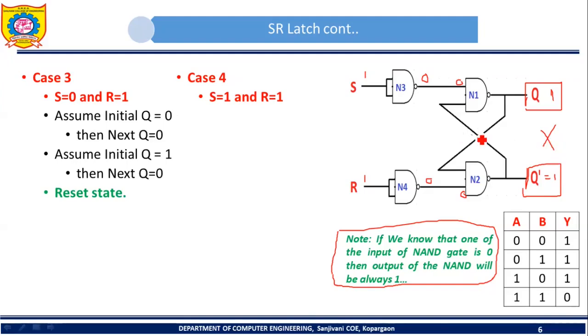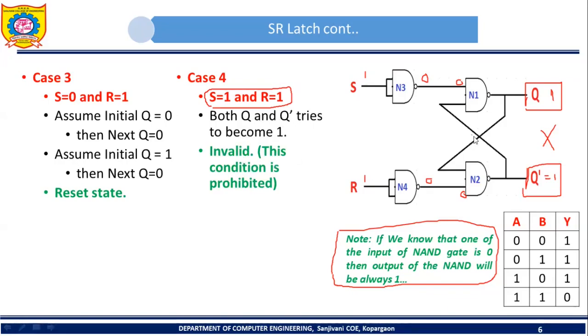So whether it is happening if S is equal to 1 and R is equal to 1? No. If S is 1 and R is 1, both Q and Q prime will try to become 1. Okay, so that's why we can say that this particular combination is invalid in SR latch. It is not allowed in SR latch because both Q and Q prime try to become 1. So that's why it is invalid. This particular condition is not allowed in SR latch.